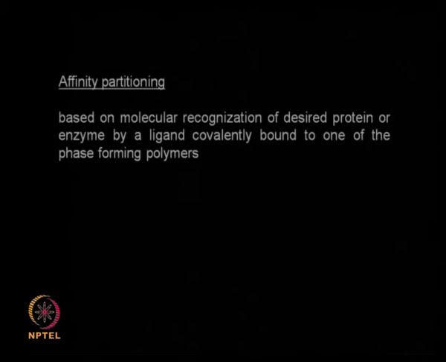Affinity partition is based on molecular recognition, like affinity chromatography, which we will talk about later. You have a ligand which has an affinity for a protein, and as you know a ligand protein interaction is very selective. If I have a ligand which is going to bind to a protein very selectively, then I will be able to extract only that protein from a mixture of a large number of proteins.